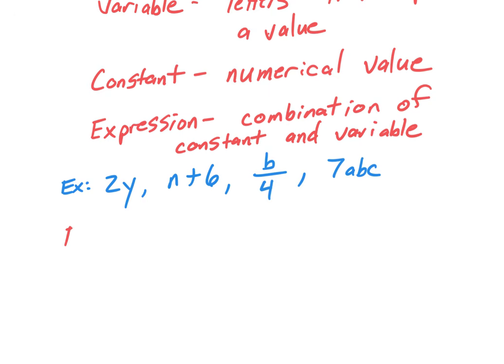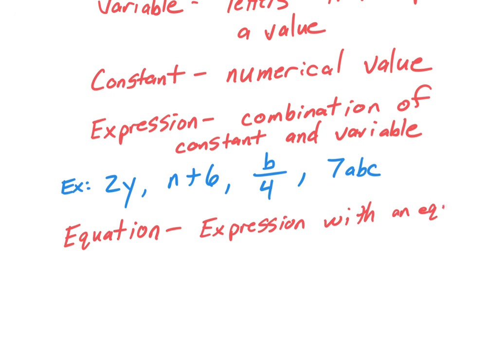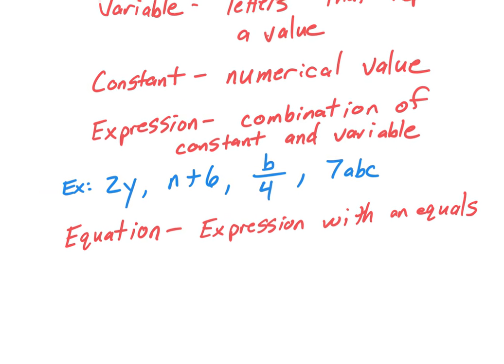Okay, equation. What's the one symbol that we would add if we have an equation? Equal sign. Yep, this kind of is the giveaway, right? Equation has an equal sign. So it's simply an expression with an equal symbol.